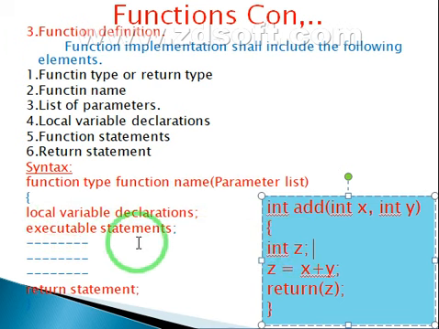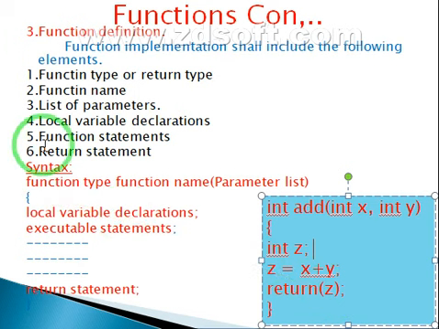Execution statement, here we are adding the 2 numbers. Then return statement, meaning whatever value we return from this user defined function to the function call. So return z. Okay.